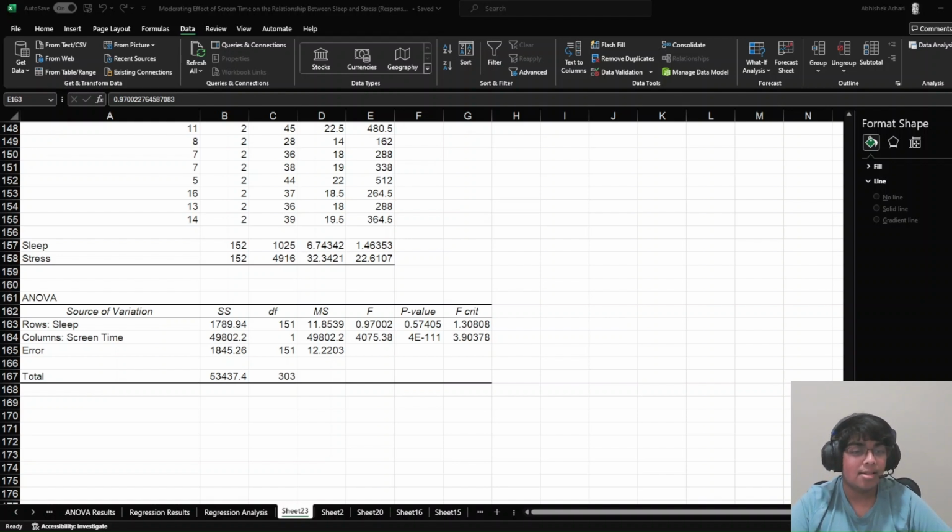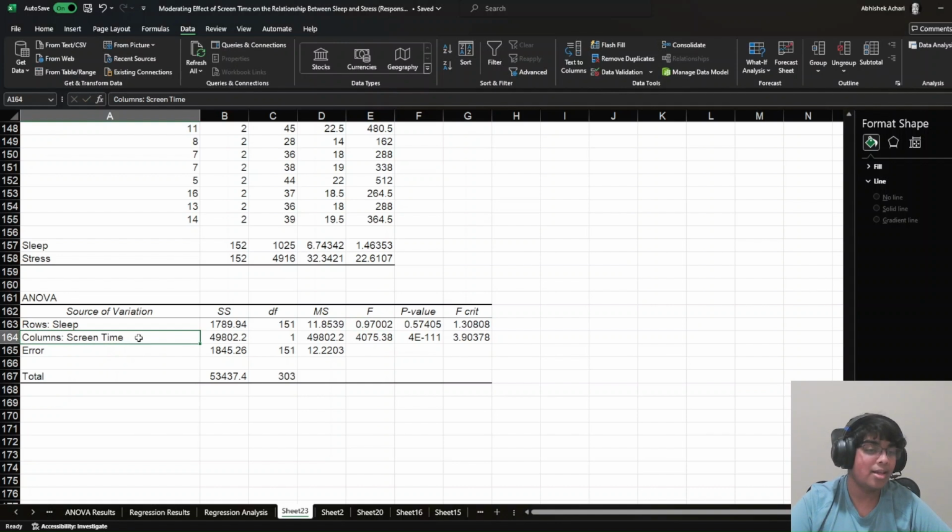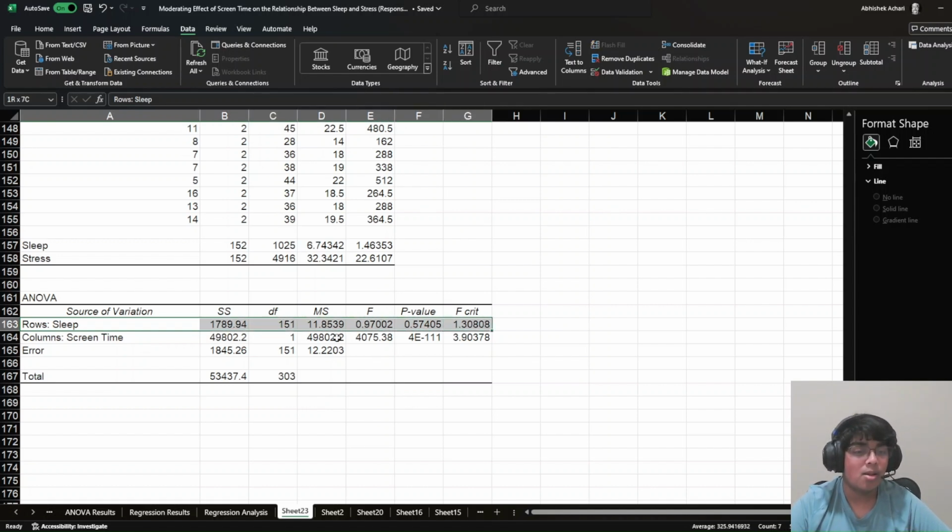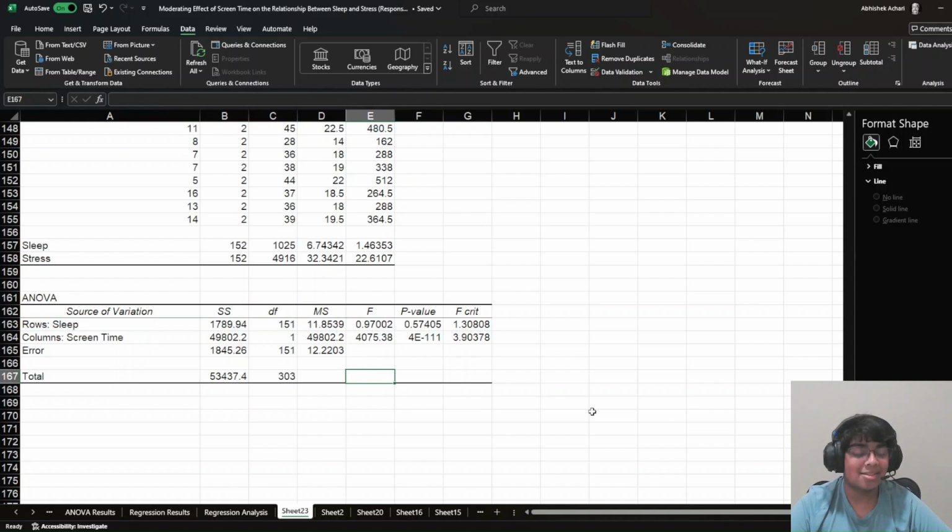This helps us rule out the null hypothesis for a relationship between screen time and stress, but it also helps us say that the null hypothesis is true for the correlation between sleep and stress. More statistical analysis is needed, in the form of something like a line of best fit, to look at specific correlations in this case, but this also helps us come to conclusions about the reliability of our data.